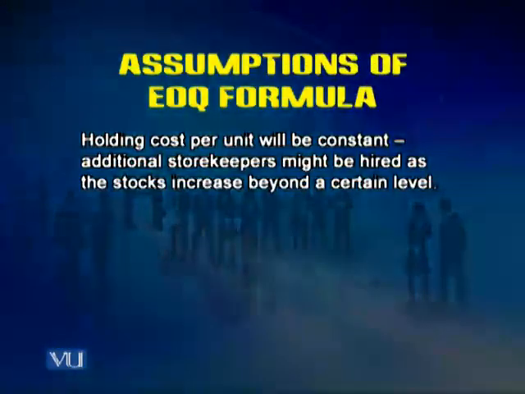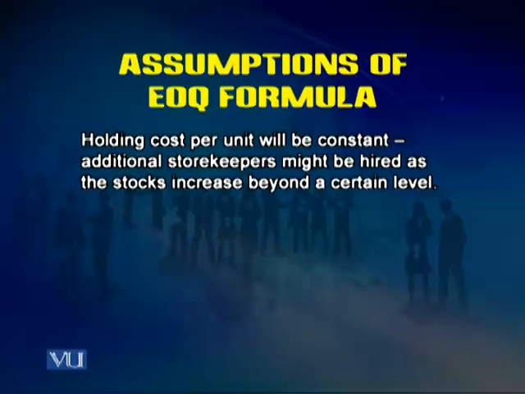Ordering cost is DO over Q, and holding cost is QH over 2. These two put together give you the total cost. We differentiate with respect to Q, the quantity, and arrive at the formula which gives us the economic order quantity: the square root of 2DO over H. That provides the formula for calculating the economic order quantity.